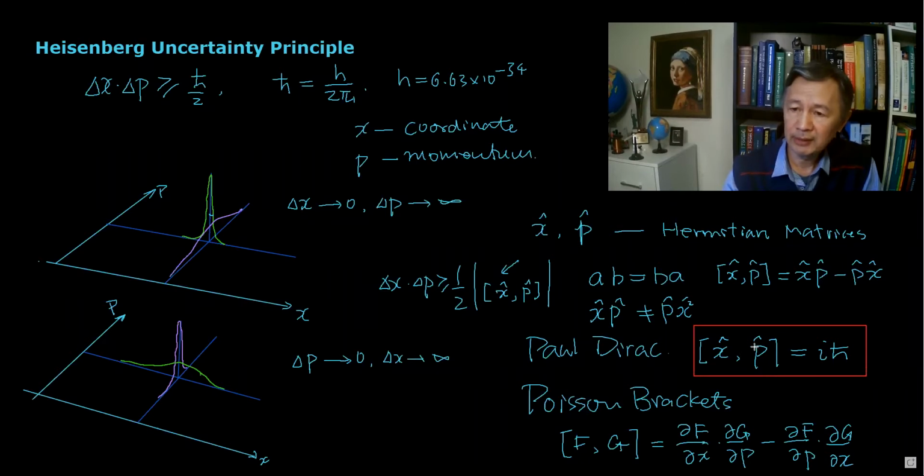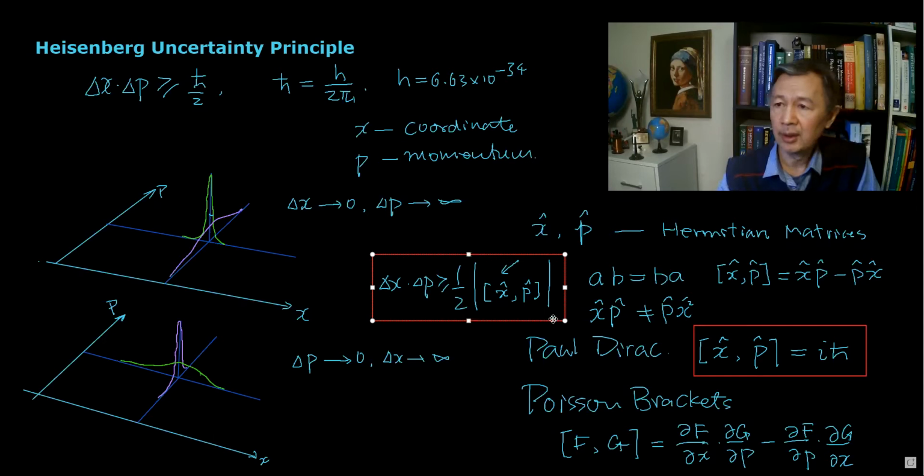If you substitute this equation into this mathematical property of any Hermitian matrix, then we get this inequality. If you substitute the right-hand side, i represents the imaginary number.